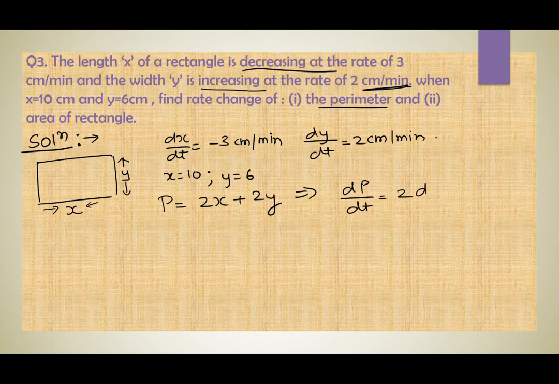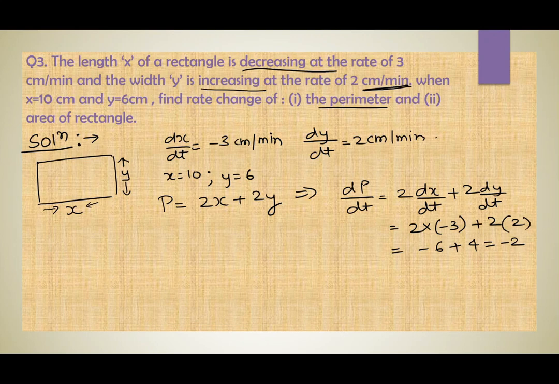It is 2 dx by dt plus 2 dy by dt. अब dx by dt की वैल्यू कितनी है? It's minus 3. And dy by dt is 2. So this is minus 6 plus 4, so that is coming out to be minus 2. अब पेरीमीटर का यूनिट रहने वाला है सेंटीमीटर और रेट का यूनिट रहेगा per minute. So this is the first answer.